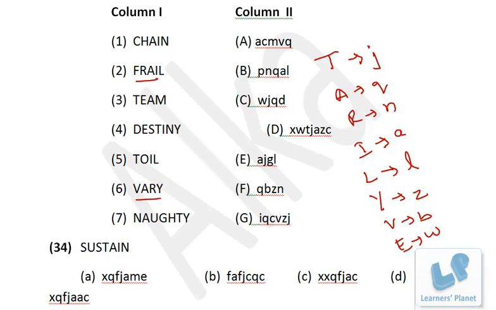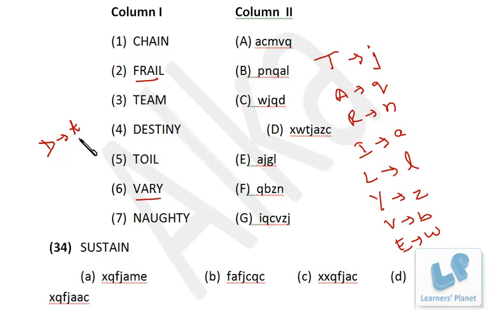Now let's come to this, SUSTAIN. See friends, we don't have S anywhere else except in this word, and D we have already done in the question earlier, where we found that D is actually T, right? Now among these letters, S can be replaced only by X because S is not there anywhere else and D is not there anywhere else.